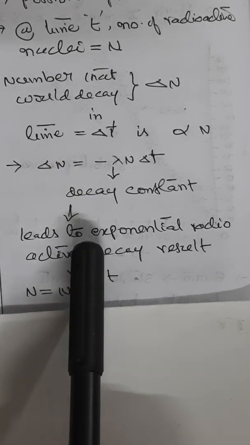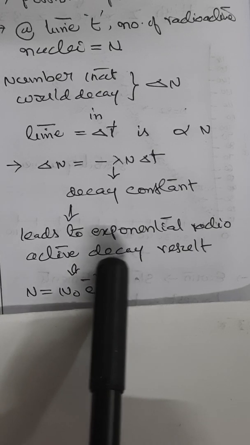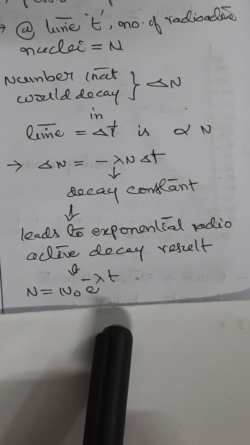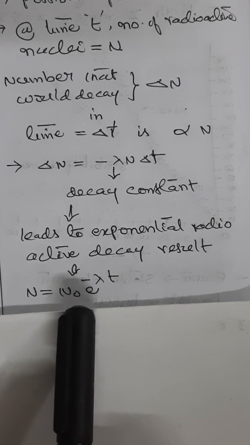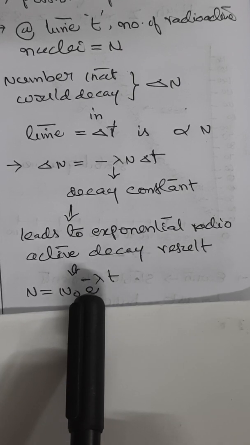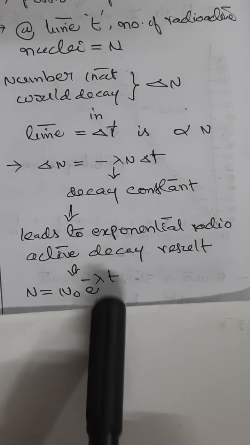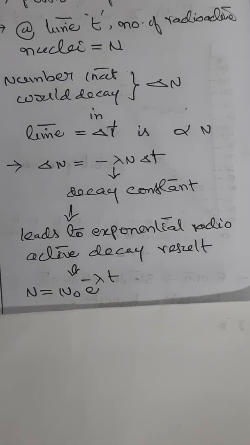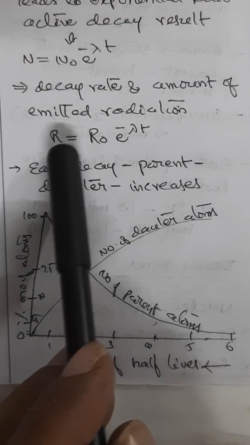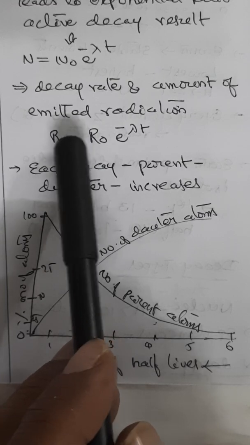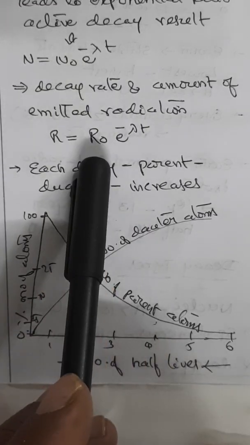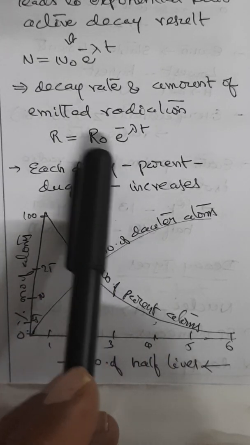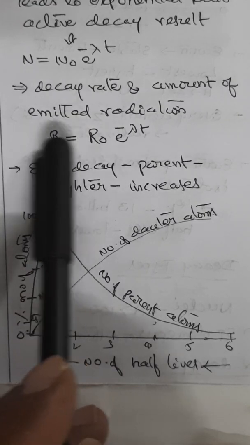This immediately leads to the exponential radioactive decay result. And it also implies that the decay rate and the amount of emitted radiation also follow the same relationship as given by this equation. This is the decay rate equation, similar to this one. So this is the initial one, this is the instantaneous one.